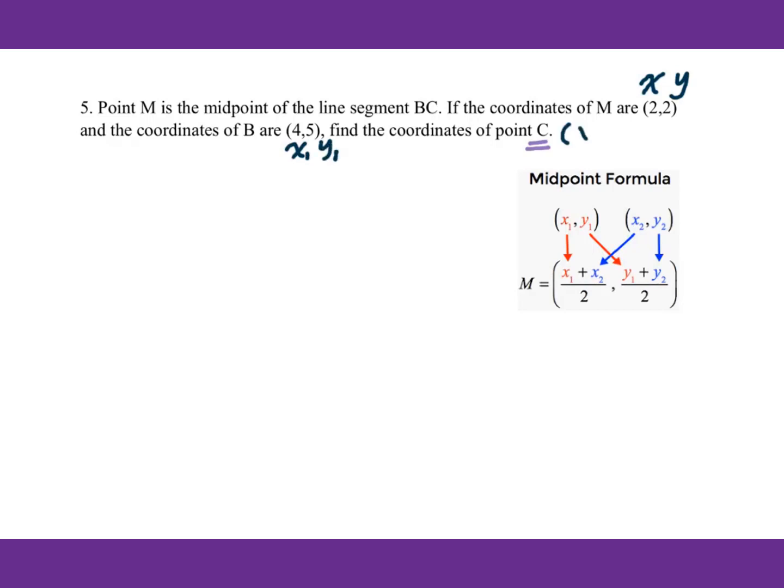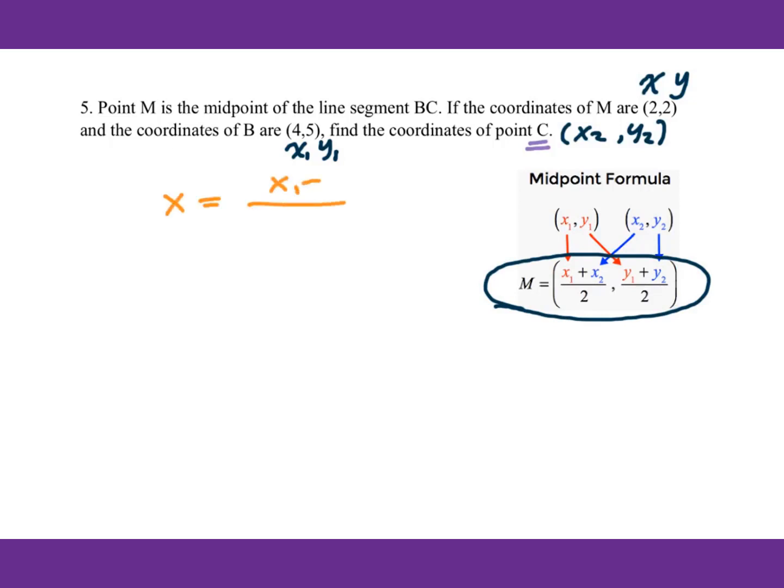So I'm looking for x2, y2. Still using this formula, your x equals x1 plus x2 over 2. Then we plug in. Your x is 2 equals x1 is 4 plus x2 over 2.